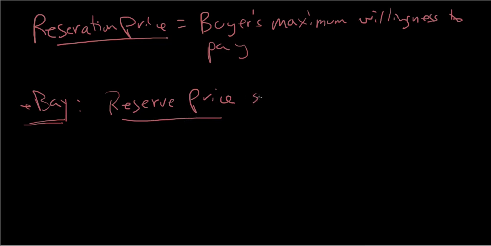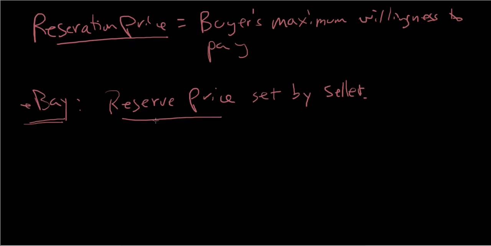So if the seller sets the reserve price for the auction item that he wants to sell, what that means is he is not willing to sell below this price.